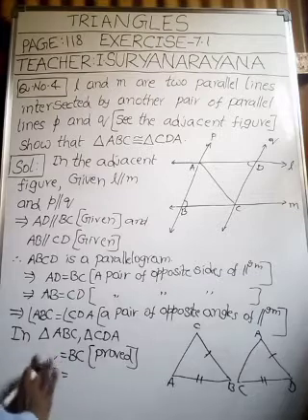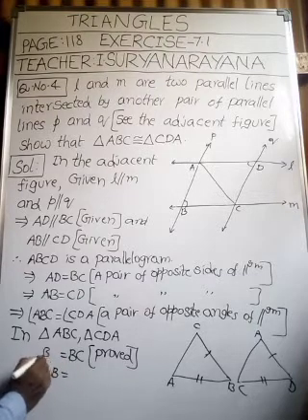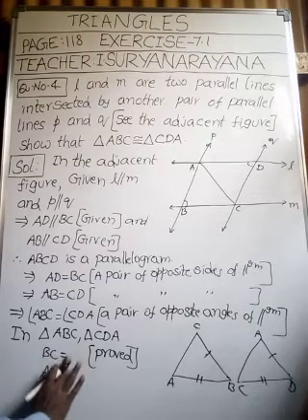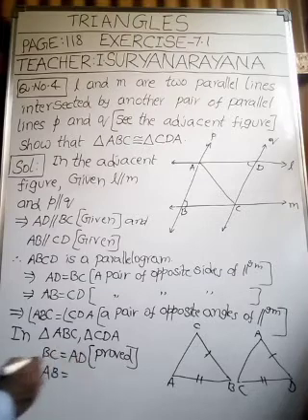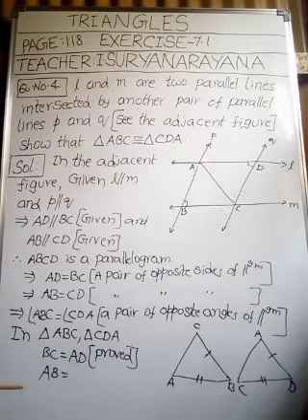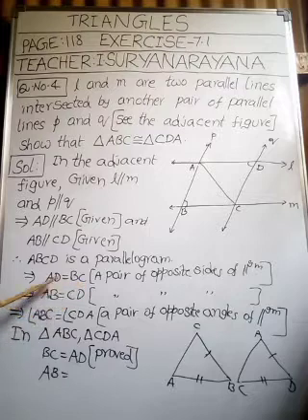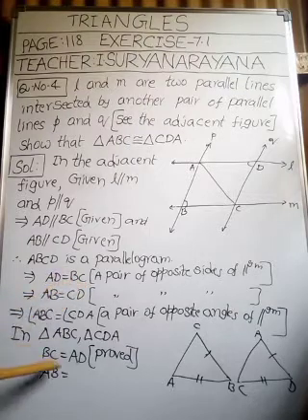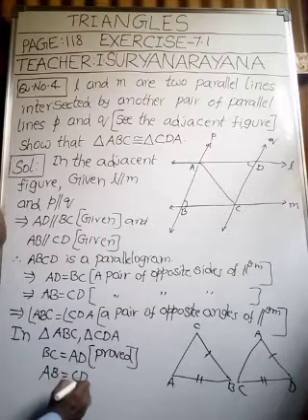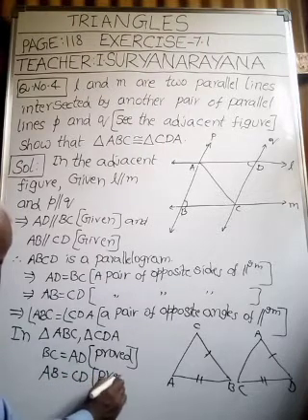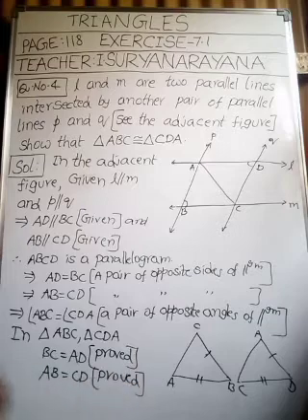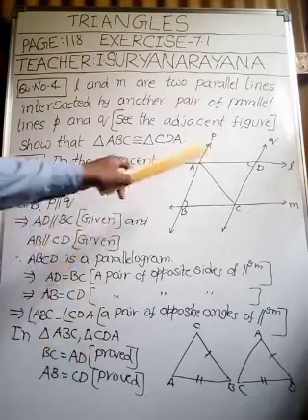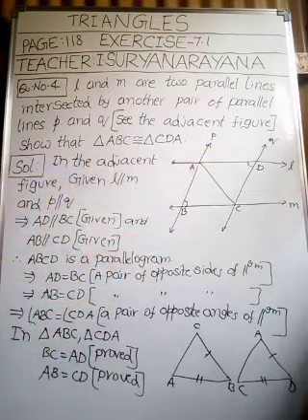So here BC equal to AD. Next AB is equal to CD, we can write in any order. We have proved, because these two sides are also opposite sides of a parallelogram.